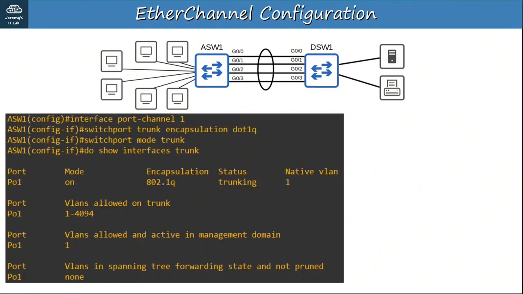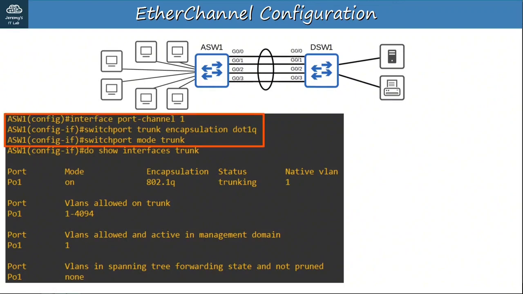So after configuring the ether channel in whatever mode, PAGP, LACP, or static, you can then configure the port channel interface itself. Note that I'm just using the LACP example here, since all of this information is the same, regardless of which method you use. I also did the same configurations over on D switch 1, so the ether channel is up and running.